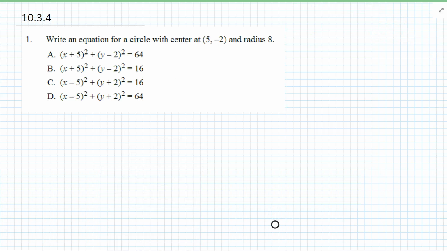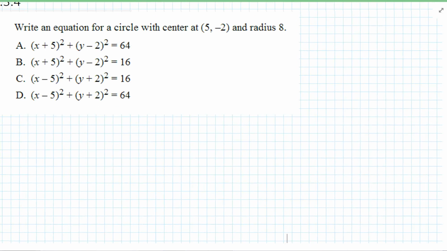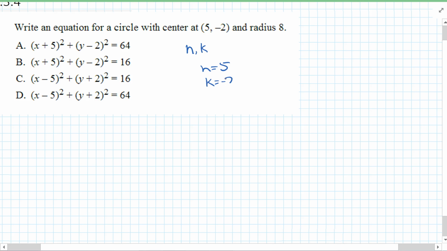So next question. Write an equation for a circle with the center at 5, negative 2 and the radius of 8. So the center, if we remember, is h comma k. So our h value is 5, our k value is negative 2, and our radius is 8.